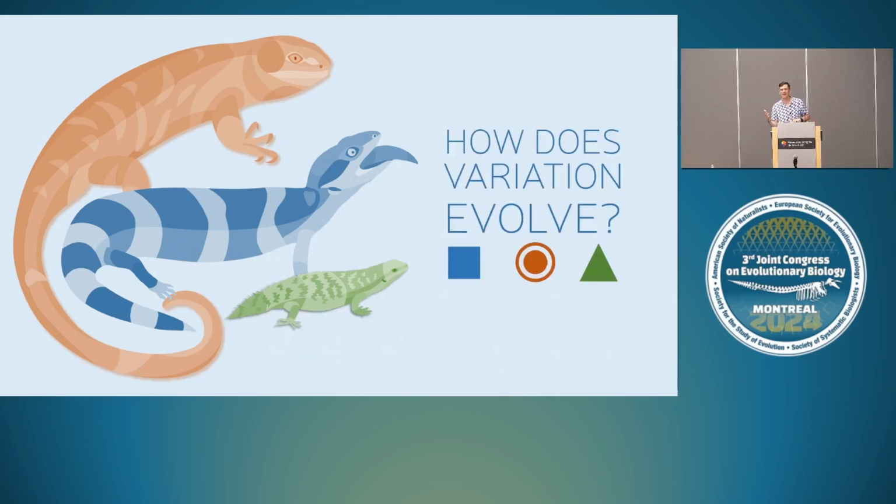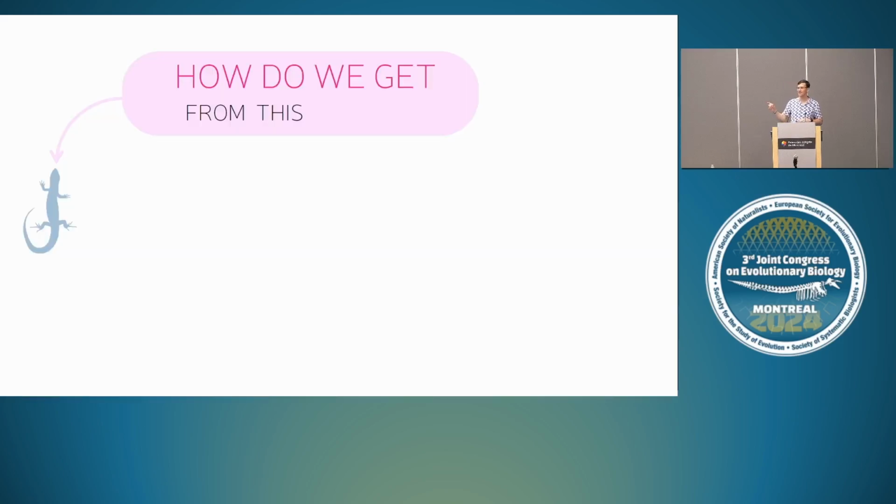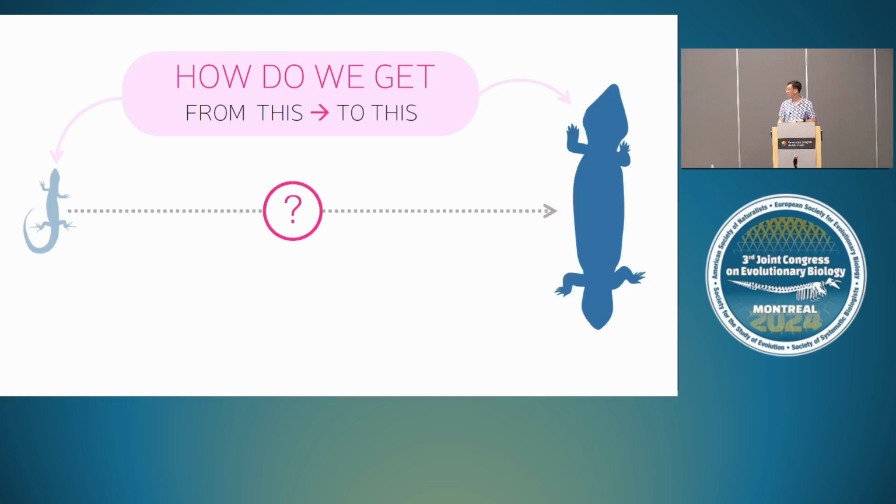But how does this variation evolve? How do you get from a standard little thing to something quite exceptional? How do we go from this little traditional skink to a monster like the shingleback lizard? Or there's a recently described species, Tiliqua frangens, which was a shingleback, but even bigger, maybe a couple kilos in weight.